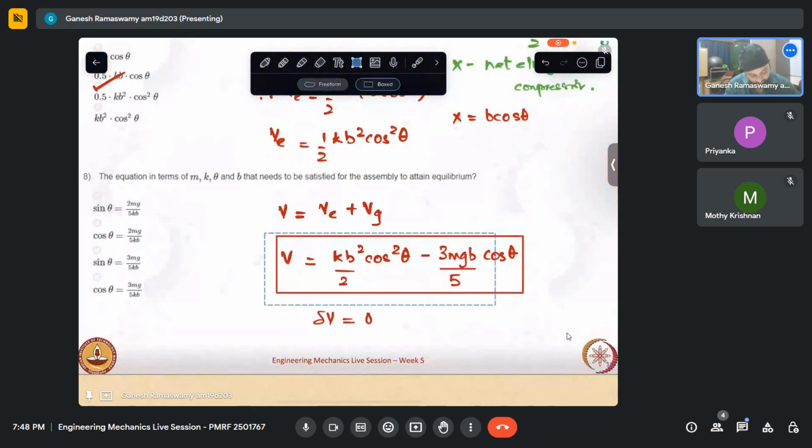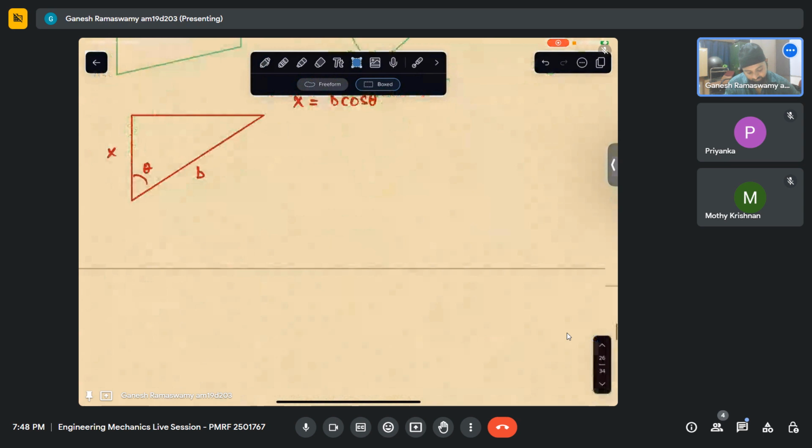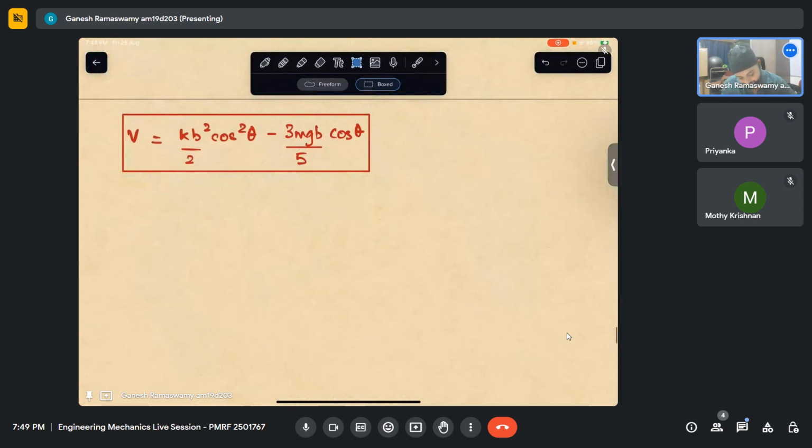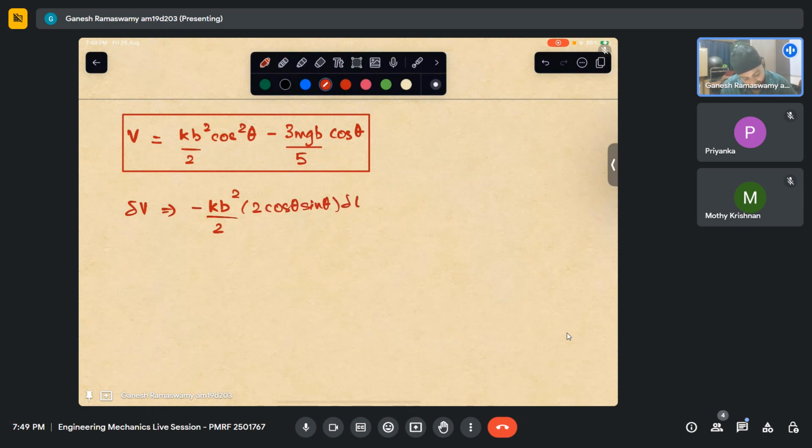So delta V, which is nothing but KB squared by 2, and I have to differentiate cos squared theta with respect to theta. So what will that give me? 2 cos theta into minus sin theta delta theta, minus 3 mgb by 5 times minus sin theta delta theta. And this I'll equate to 0.